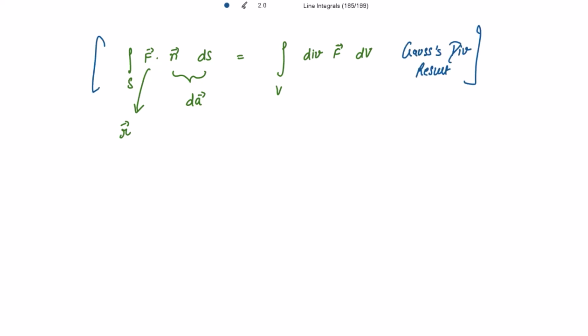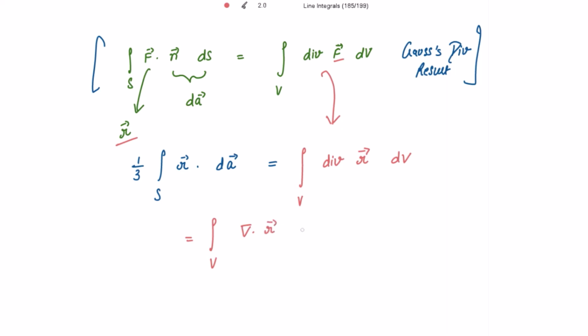Okay, so let's write the left hand side of the result first. That is 1/3 of the surface integral of dot product of r vector with dA vector, applying the Gauss's divergence result over here. So this is 1/3 of the volume integral of divergence of, for f vector we write r vector. So this is equal to the volume integral of divergence of r vector, that is del dot r vector dV.